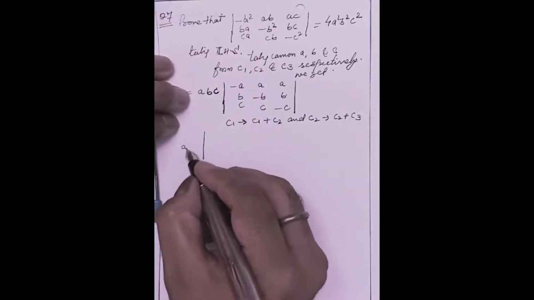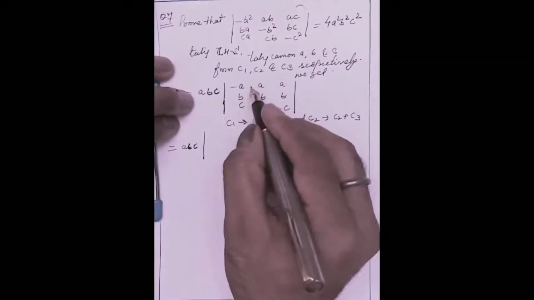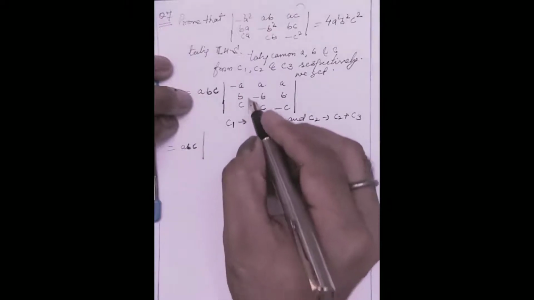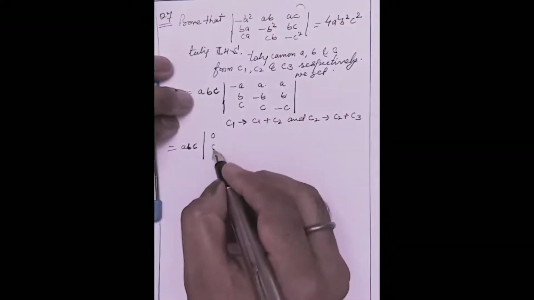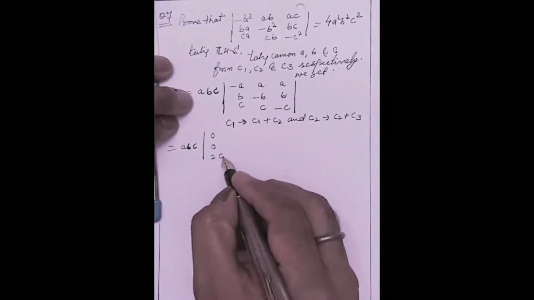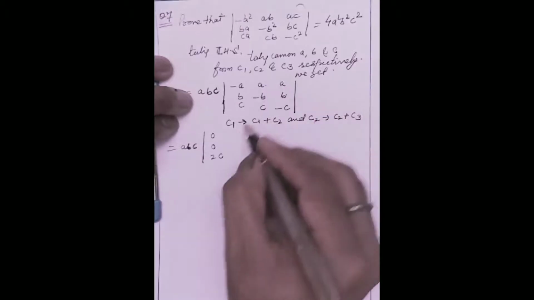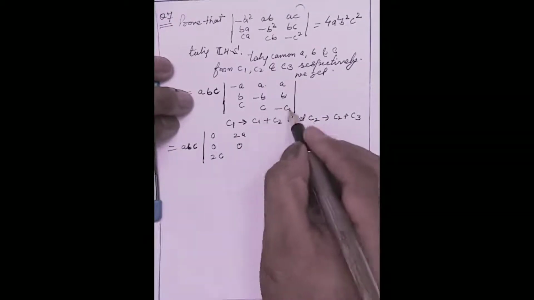So look at here, A, B, C is outside as it is. Now adding this plus this, C1 is going to change. So we write in C1: A minus A is 0 and then 0 here also, and C plus C is 2C. Then C2 will change, C2 plus C3. So A plus A is 2A, minus B plus B is 0 and C minus C is 0.